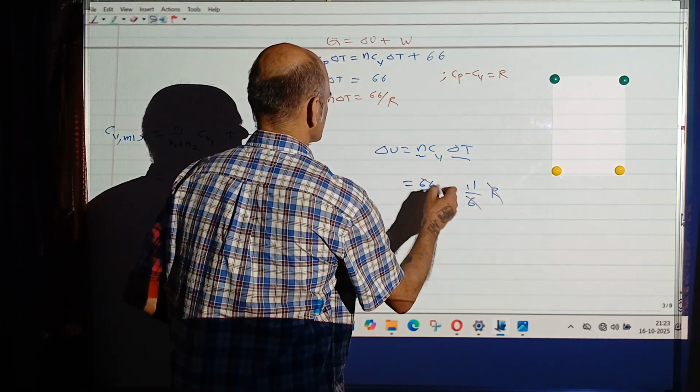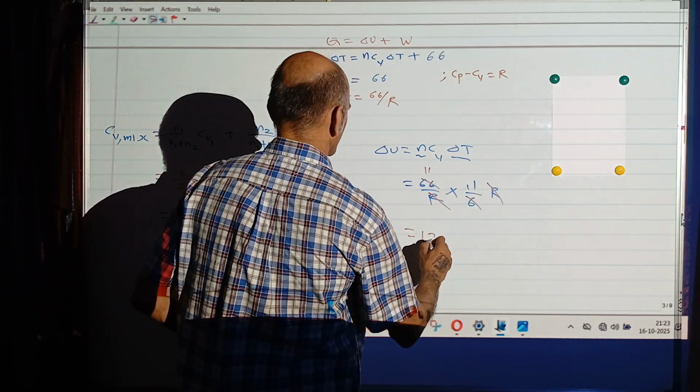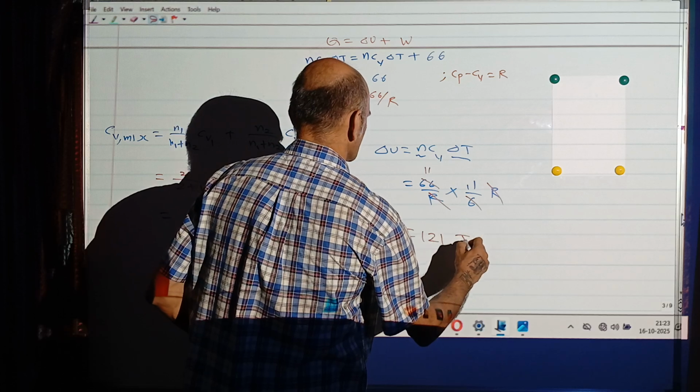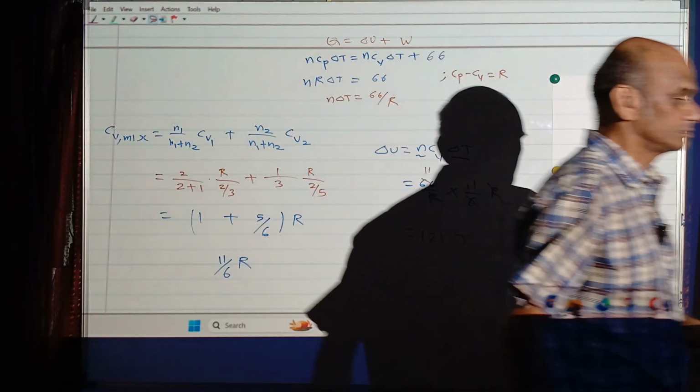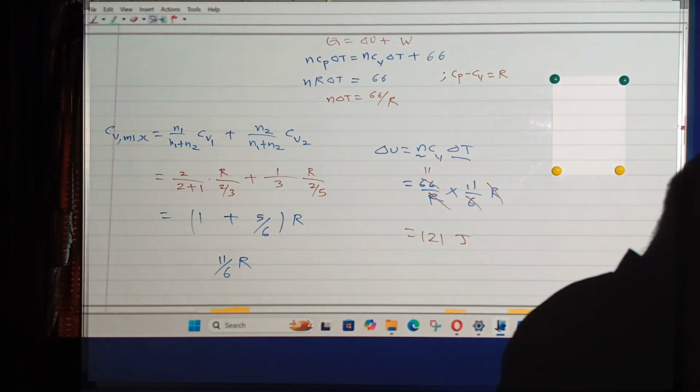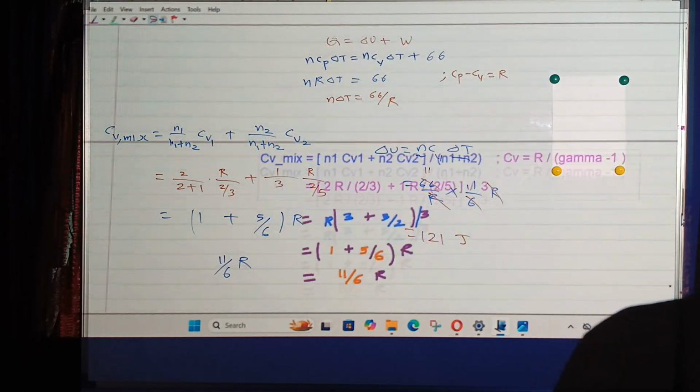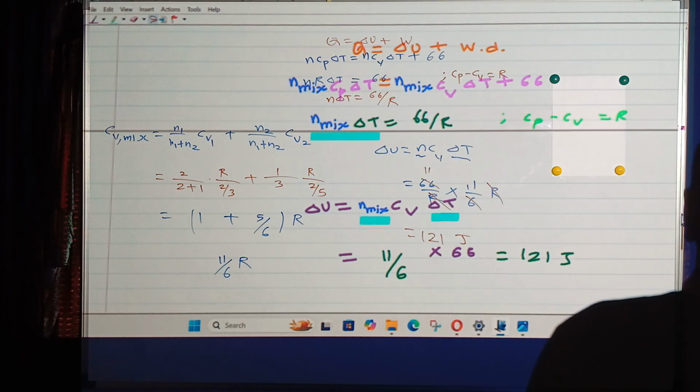This will go 11 times, so 121 SI units, joules. So the change in internal energy is 121 joules. That's the correct answer.